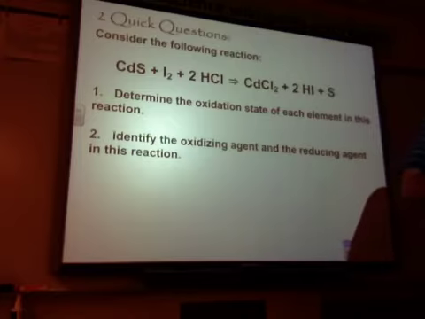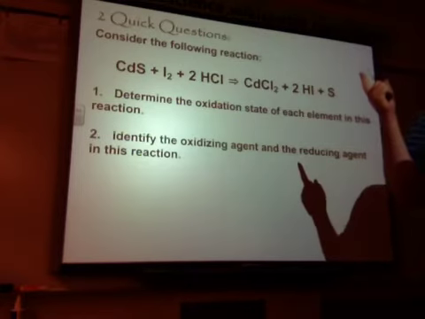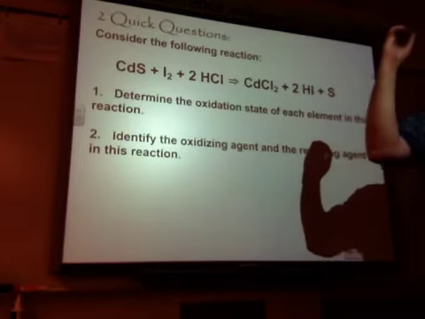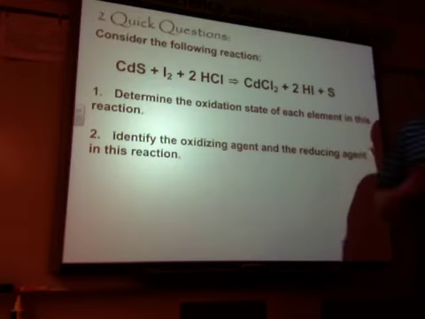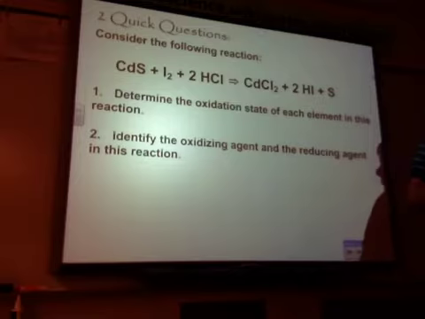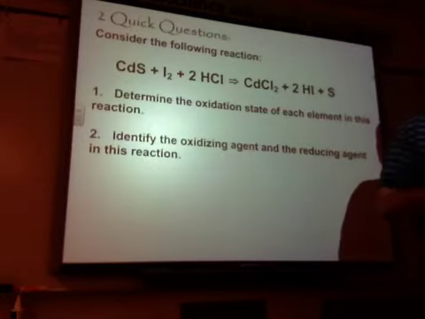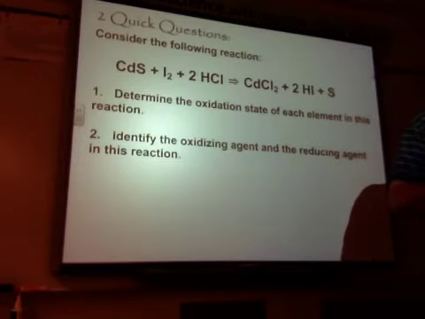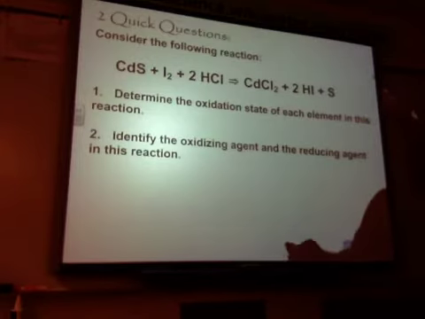Well, there were several of them. Pure elements have an oxidation state of 0. Monatomic ions have an oxidation state equal to their charge. Good. Hydrogen has an oxidation state of +1 in covalent compounds, or -1 if it shows up as hydride.